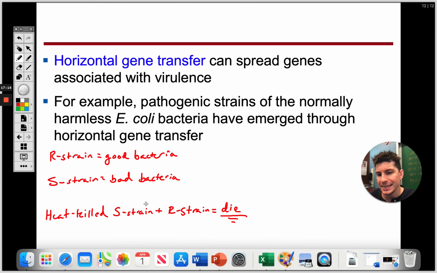What happened was the S strain DNA actually conjugated over into the R strain by horizontal gene transfer, and it made that R strain become S strain. In other words, it made the R strain become that bad bacteria. Okay, so that is a way horizontal gene transfer can spread virulent or bad bacteria, things that can cause us harm, even if that S strain or bad strain has already been killed.